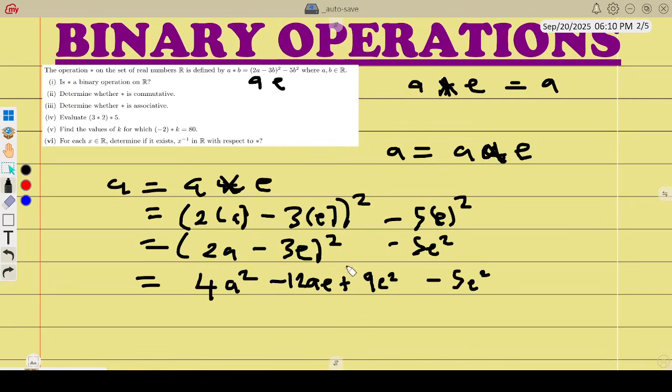So here you just expand, you get this. So what is 9E minus 5E? We know it is 4. So meaning this is reduced to 4E squared. So what we have here, it's equal to A. So now for this identity, remember A here should be equal to whatever we operate.